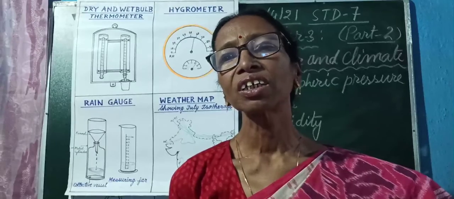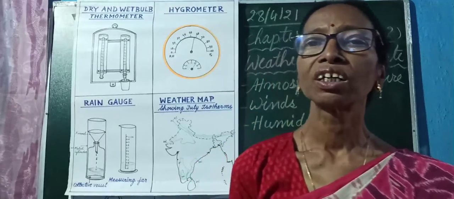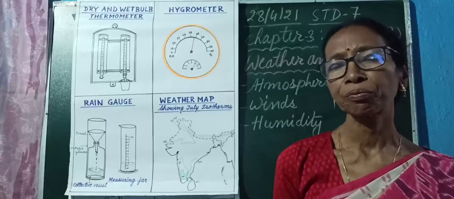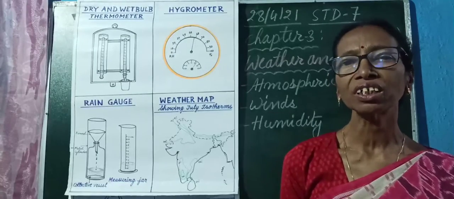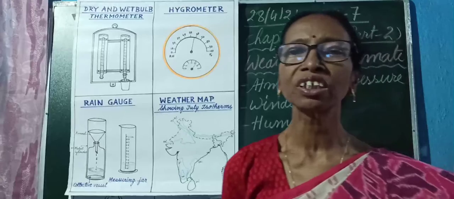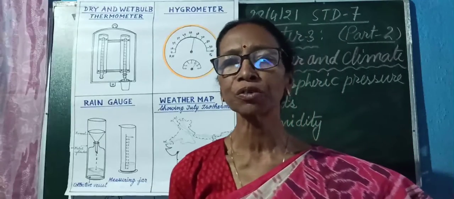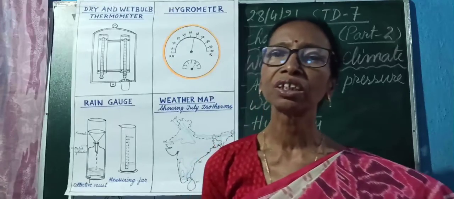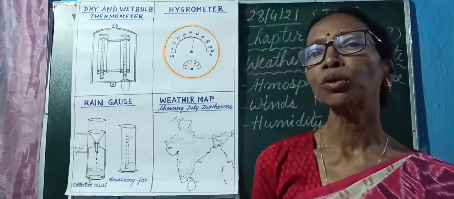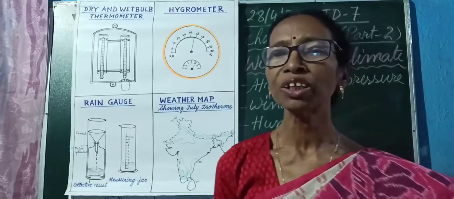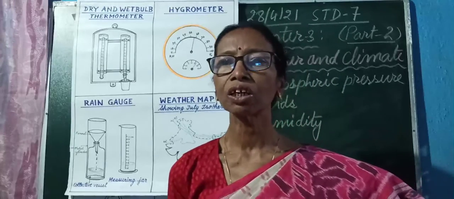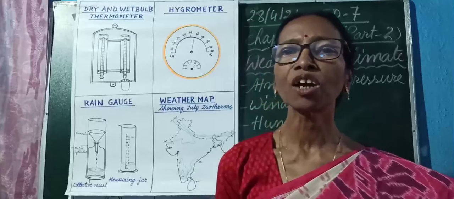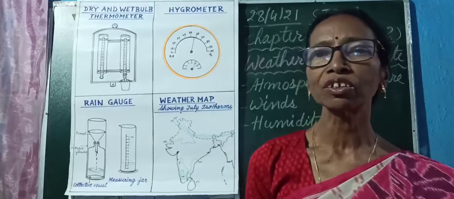Humidity is of 2 types, absolute humidity and relative humidity. What do you mean by absolute humidity? The actual amount of water vapor in a given column of air at a given temperature is known as absolute humidity, and it is expressed in gram per cubic centimeter.